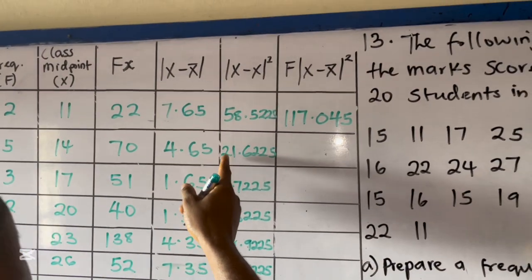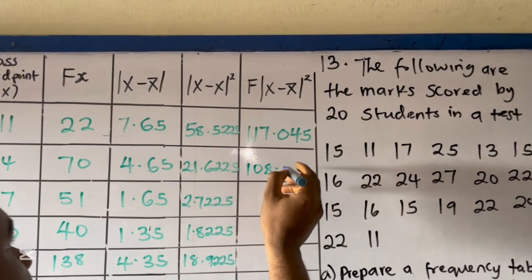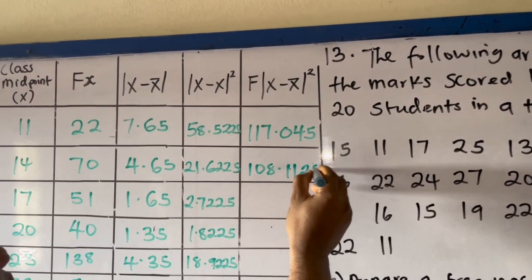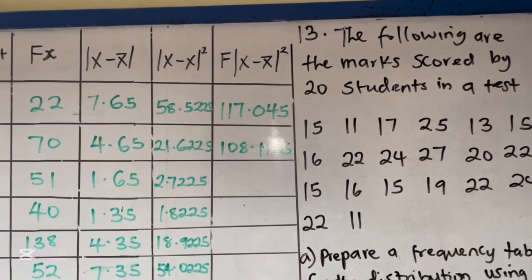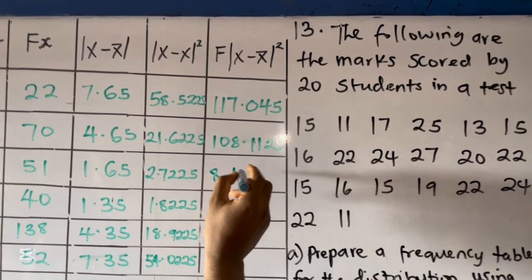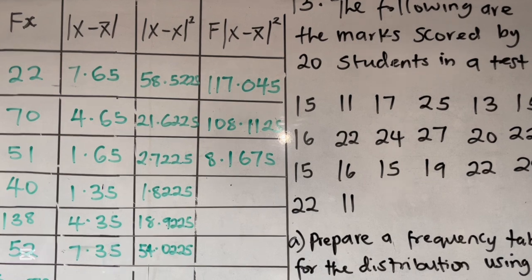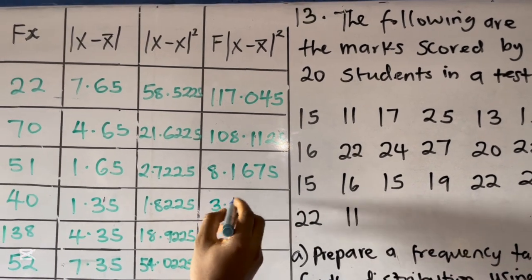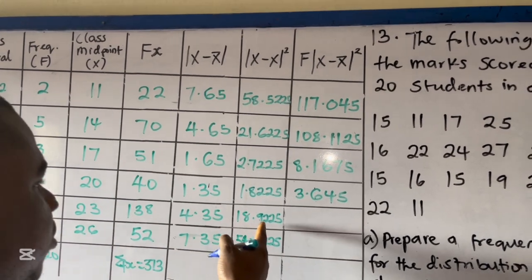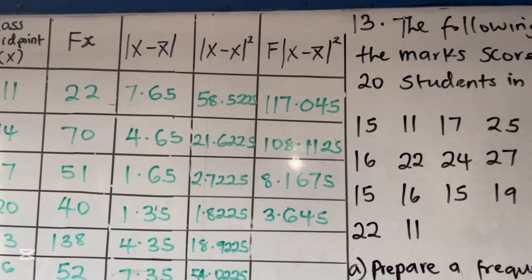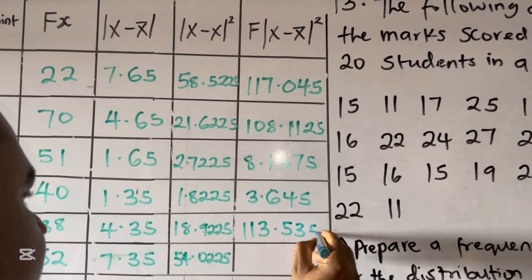Same thing happens here. 5 times 21.6225 gives us 108.1125. Next, 3 times 2.7225 will give us 8.1675. Then 2 times 1.8225 gives us 3.645. So we have 6 times 18.9225, that gives us 113.535.